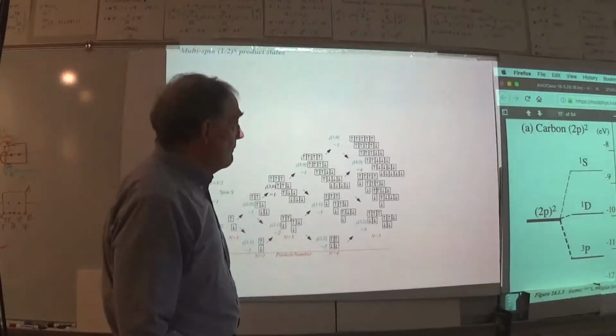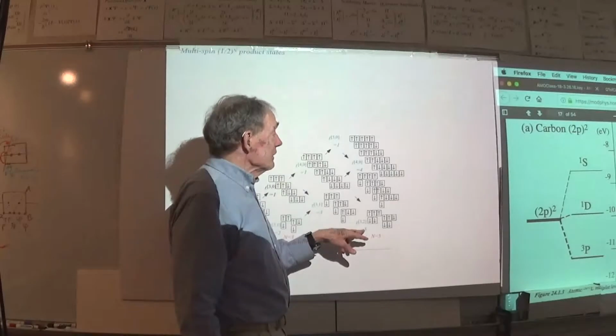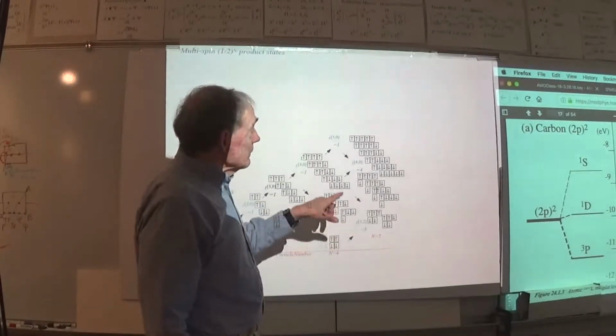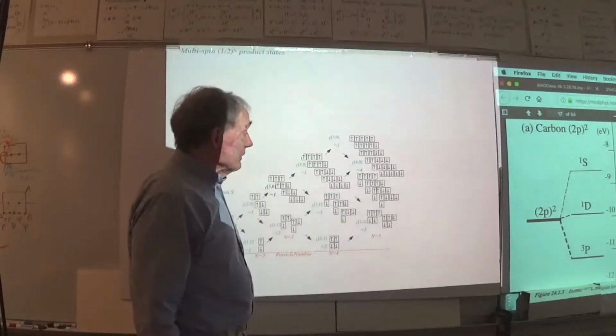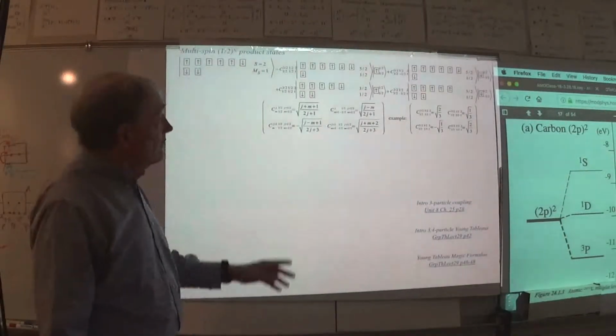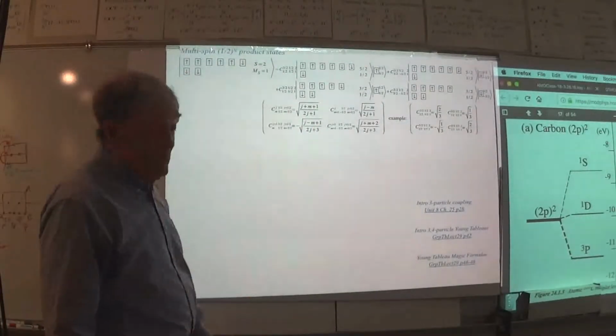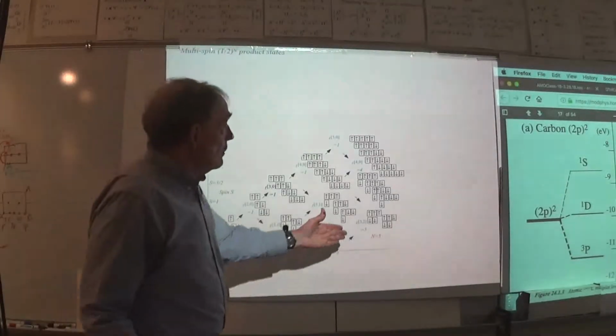Here's where we stop for now. This is the icosahedral dimensions here that we'll see fairly shortly, okay? But it's the same basic idea for these things.